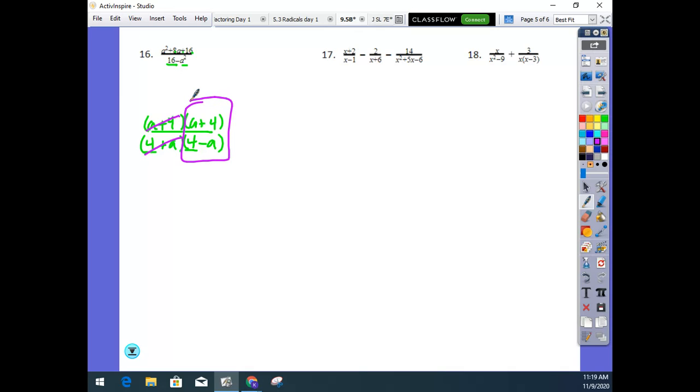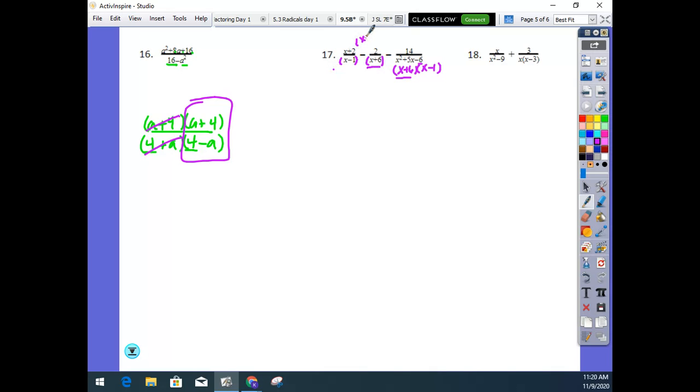All right, 17 is a little more complicated. This is one factor. This is a different factor. We have to factor the final denominator. X and x. Factors of 6 that subtract to get 5, plus 6 minus 1. Now notice, these two each have a plus 6, but this one needs a plus 6.